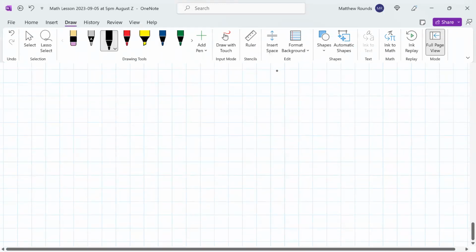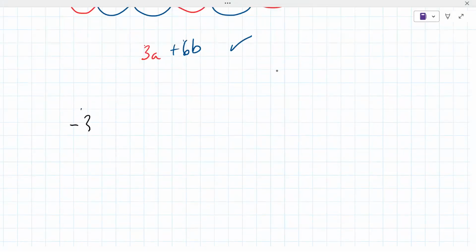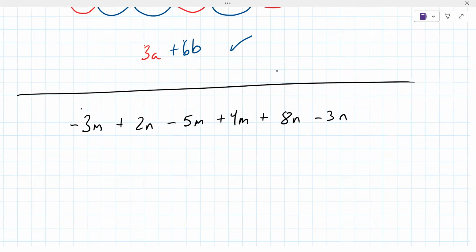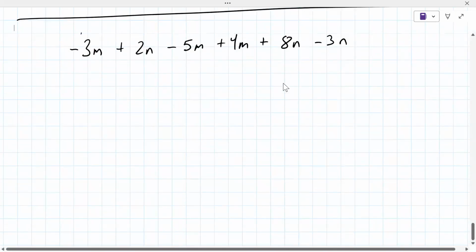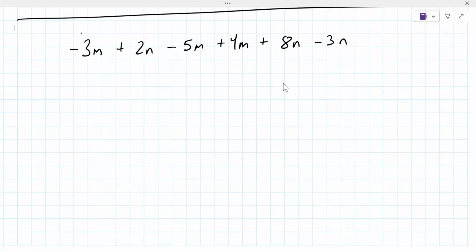Okay, let's try another one here where I'm just going to write it and see if we can. I know maybe the letters are different. Minus 3m plus 2n minus 5m plus 4m plus 8n minus 3n. Give that a try, please. Okay.